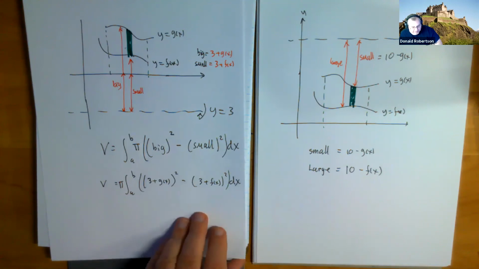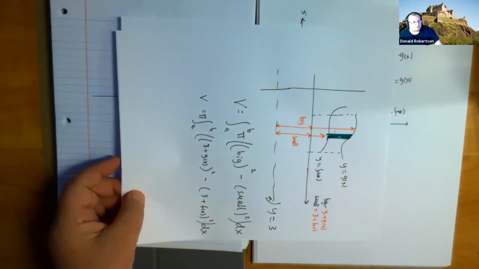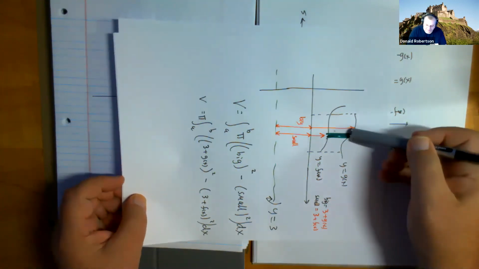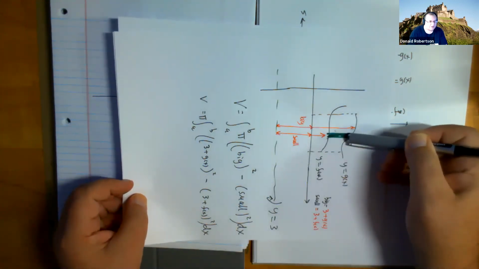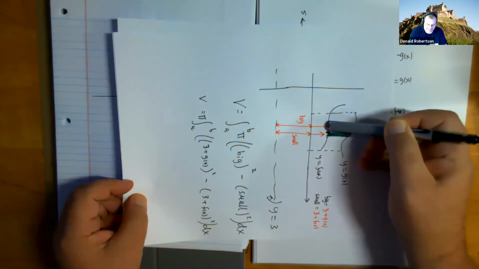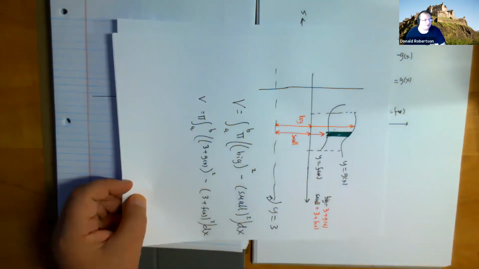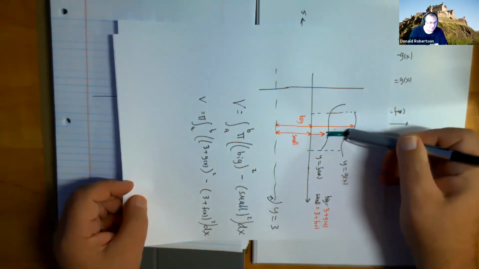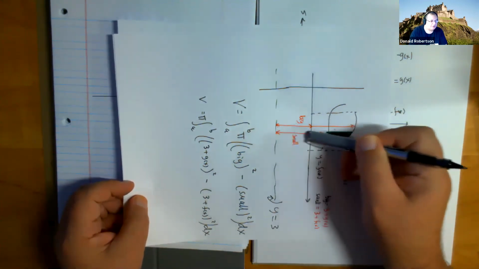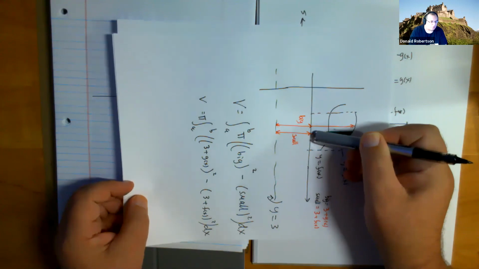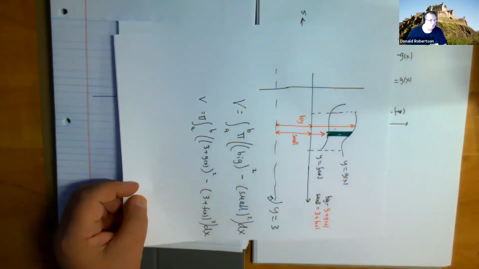So how do you do y? Can you just imagine the shape's turned on its side? Can you see then that the furthest one is going to be your big and the shorter one is going to be your small? So the one that's furthest to the right, isn't that going to be your big, and the one that's not is going to be your small.